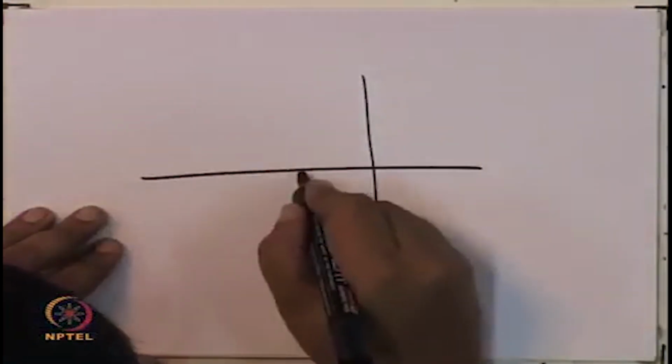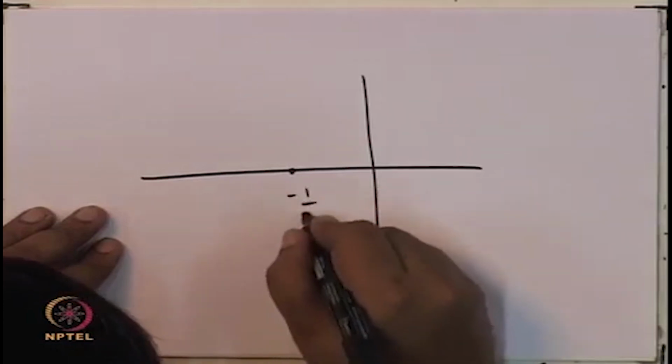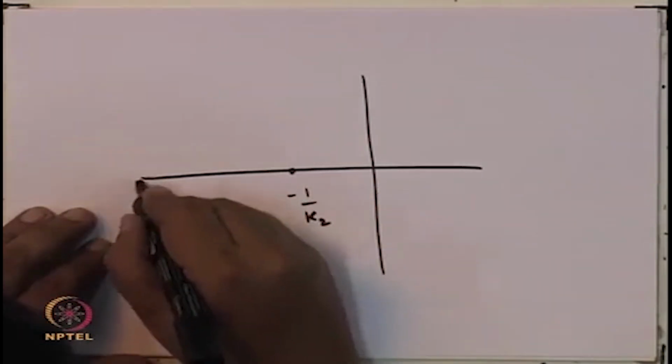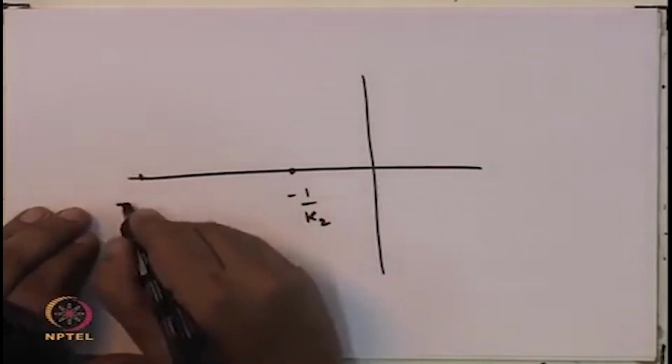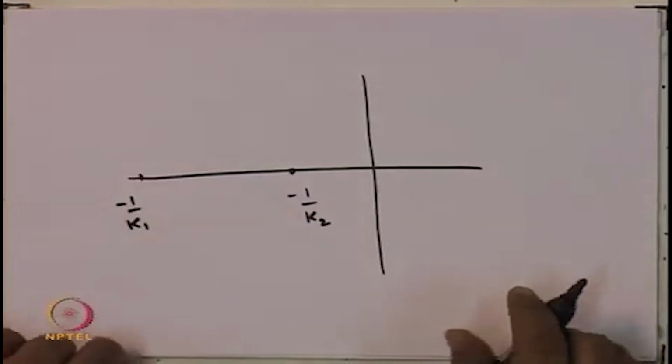So, let this point be minus 1 by k 2 and let this point be minus 1 by k 1. Okay.